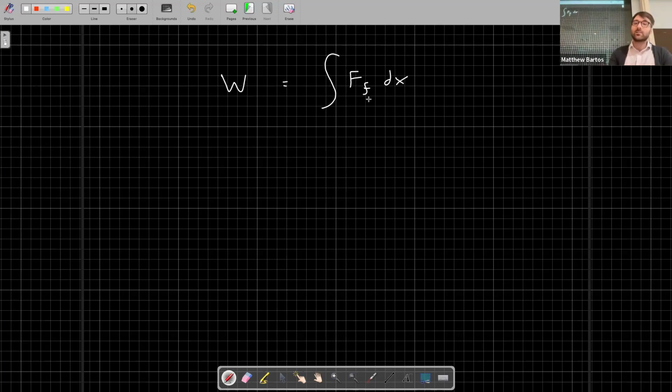Okay, so we're going to take the integral of FF dx over the length of the pipe. So our energy loss due to friction is going to be the definite integral from 0 to delta x of FF dx. This here is the energy loss due to friction.